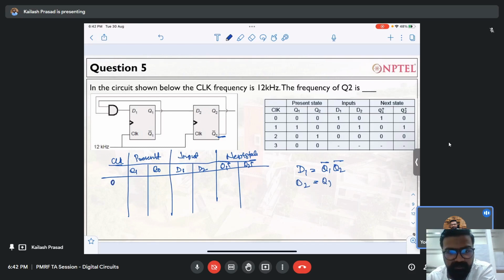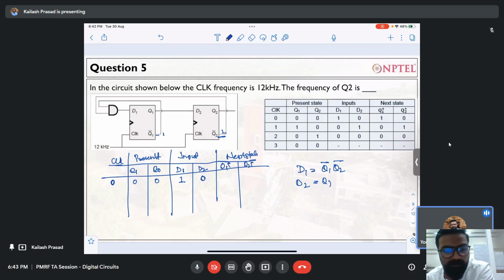Let us see the zeroth clock cycle. Initially, consider q1 q2 as 0 0. If q1 and q2 are 0 0, then q1 bar and q2 bar will be 1 1, so d1 will be 1. And because q1 is 0, d2 will be 0.